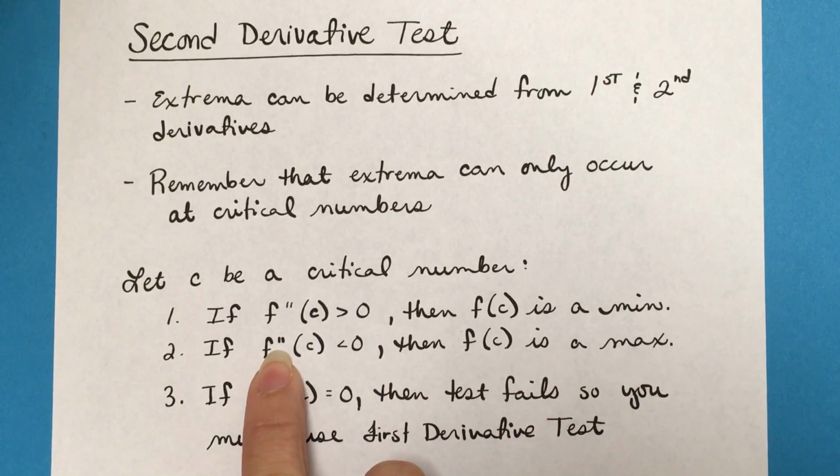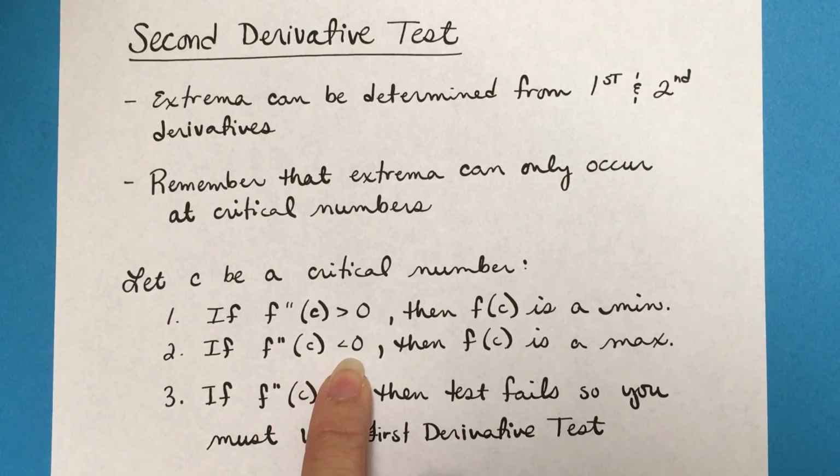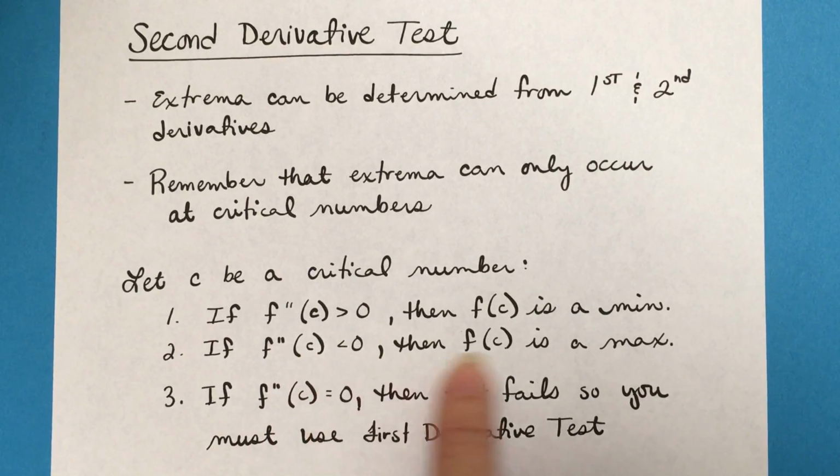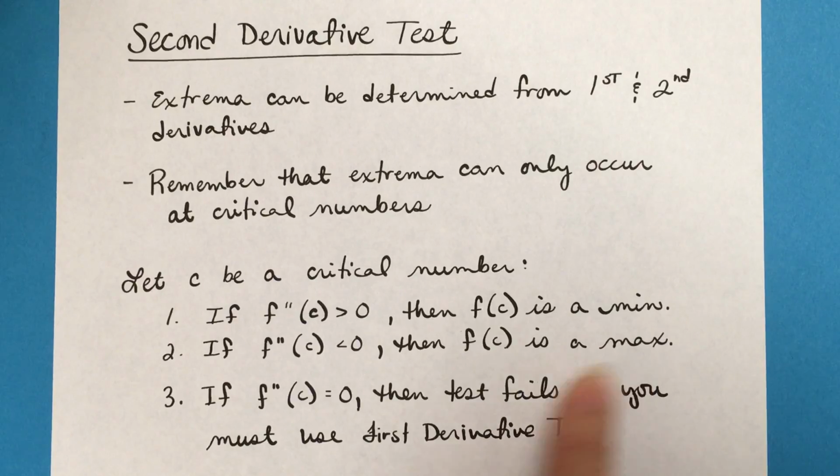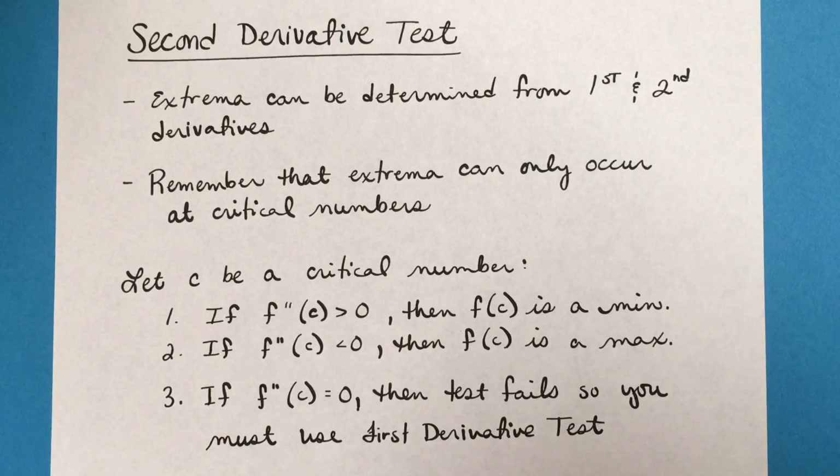And if your second derivative evaluated at your critical number is negative, is something less than 0, then that actually tells you have a max. If it comes out to be exactly equal to 0, the test fails and you have to go back and use first derivative test. So that's one reason why, if I have a choice, I just always go with first derivative test, because if it fails, you have to go back to it anyway.